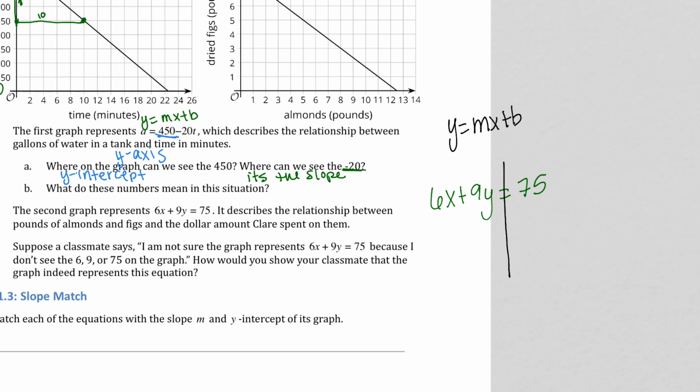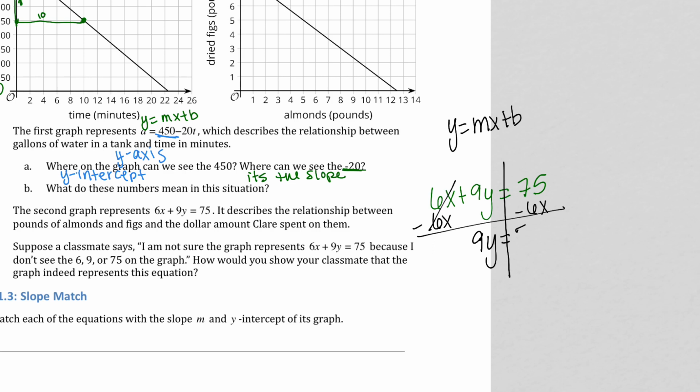The 6x. So we're going to subtract 6x from both sides. Then we're going to get 9y equals, what's going to be on the right side? 75 doesn't have an x.